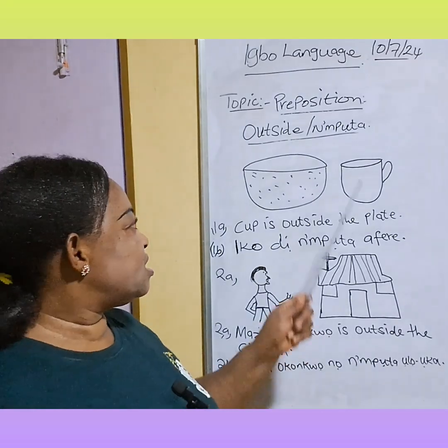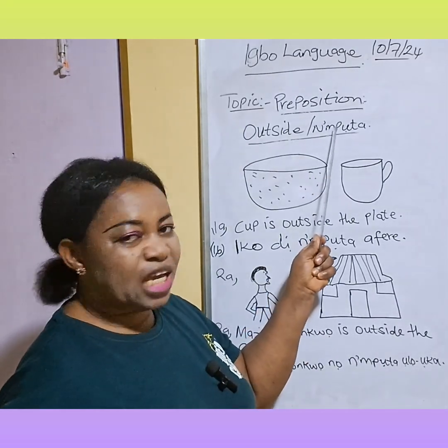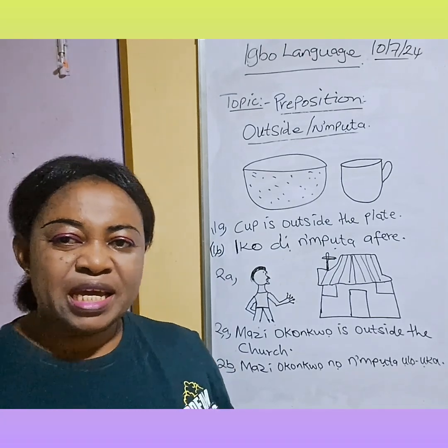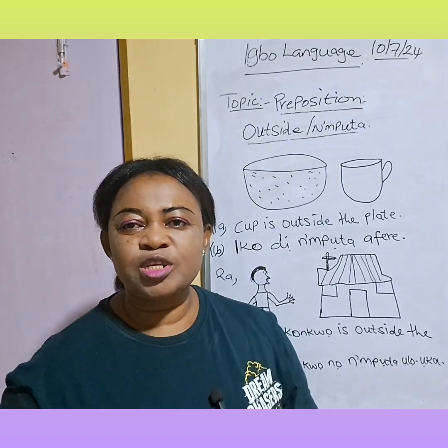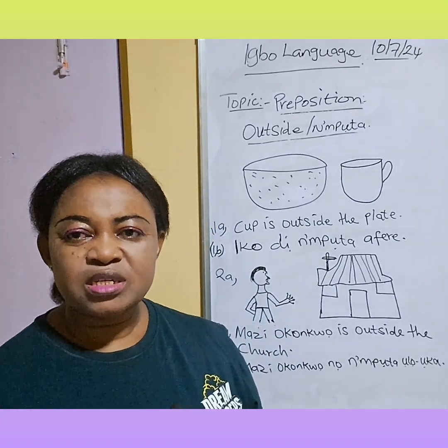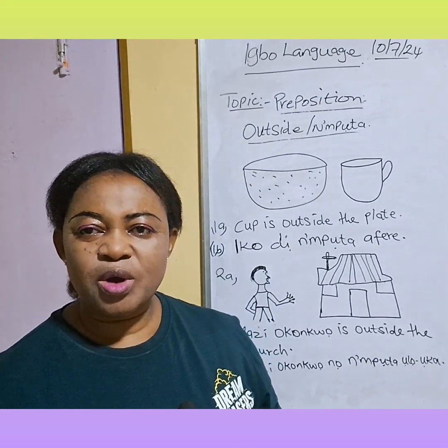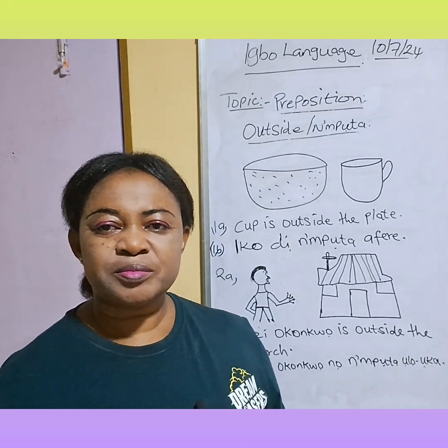You can see that this is letter M. Letter M and letter N. We call them in Igbo unyirudume. We treat them equally. They work as vowels.